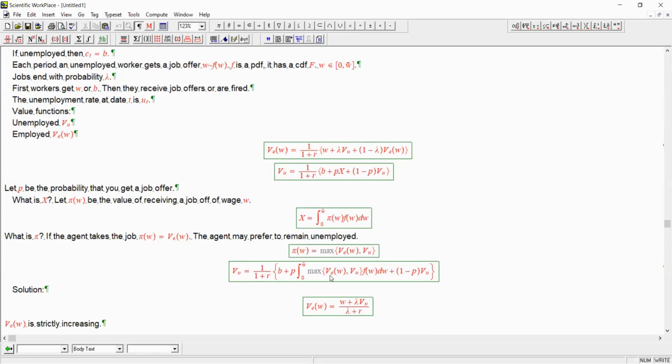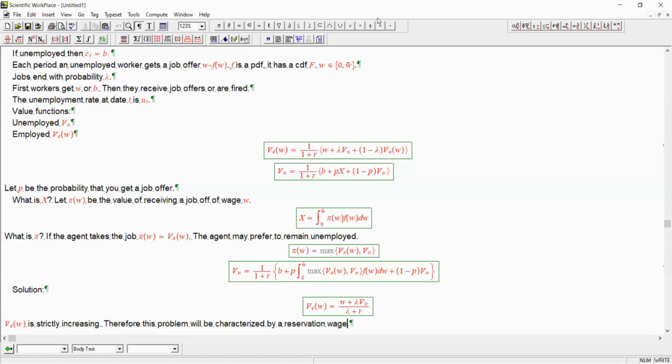So what that tells us is that this problem is going to be solved by a particular strategy, which will be for the agent to have a reservation wage. In other words, there will be some wage above which the agent accepts job offers and below which they do not.